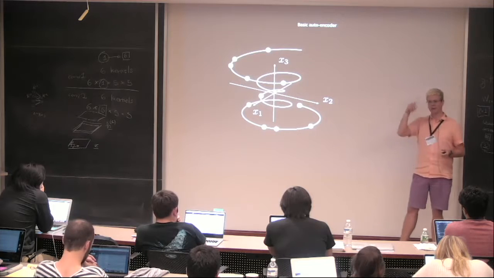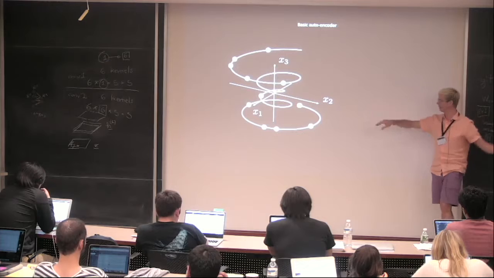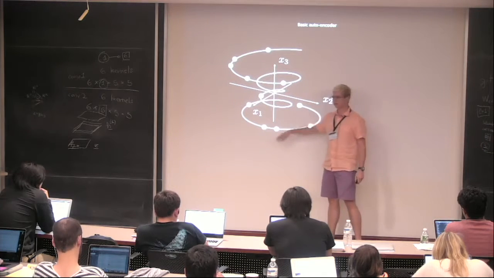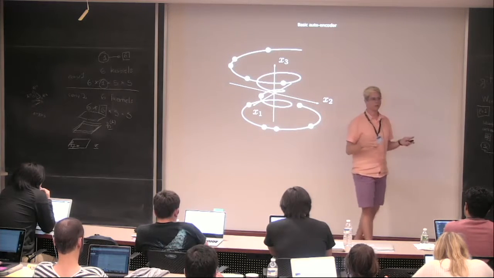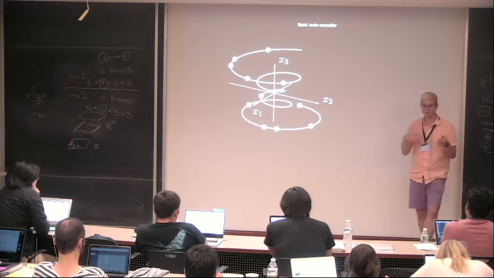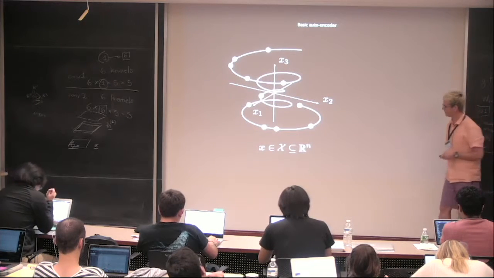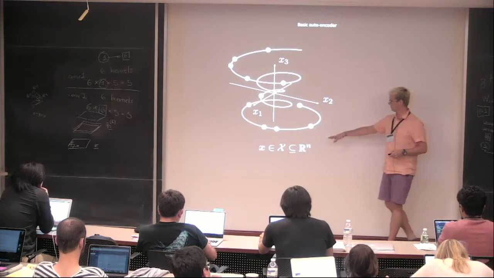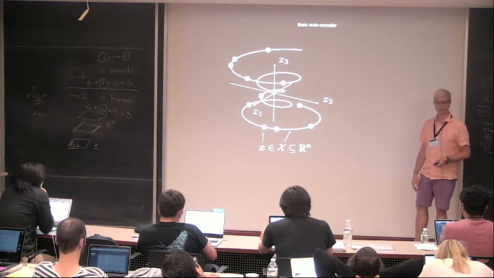As I said before, every digit can be thought of as one dot in the 700-whatever dimensionality. This is one image, another image, another image. And this is basically the path where only possible natural images can occur. So I have my lowercase x, which belongs to this manifold curly X, which is a subspace of Rn. This guy is my example, and this guy is the manifold.